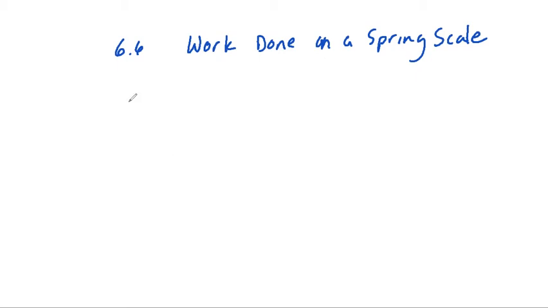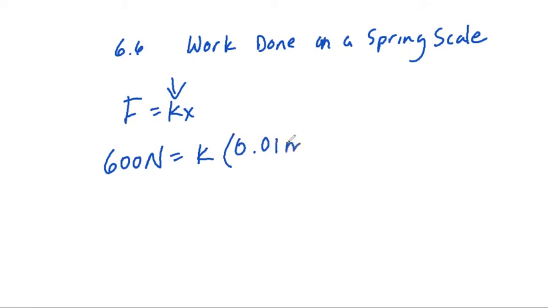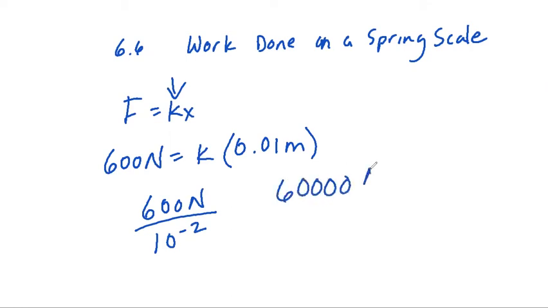Okay, so the force constant: F equals kx, and that's the force constant of a spring, and x is the amount of displacement. We put 600 newtons on the spring, and we displaced it a distance of 1 centimeter, which is 0.01 meter. So k is 600 newtons divided by 10 to the negative 2, which is 60,000 newtons per meter.